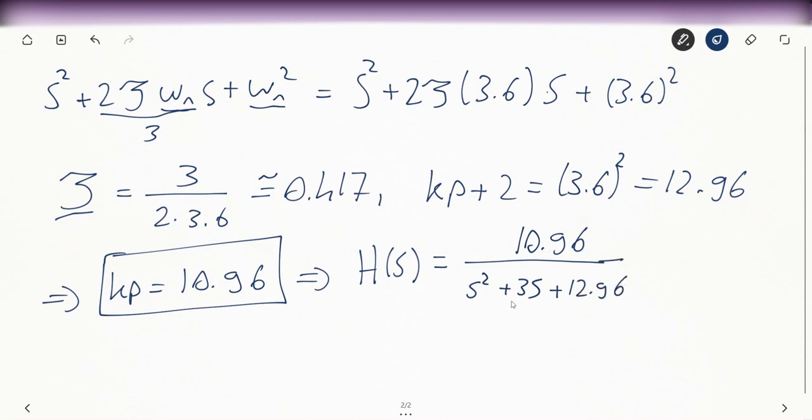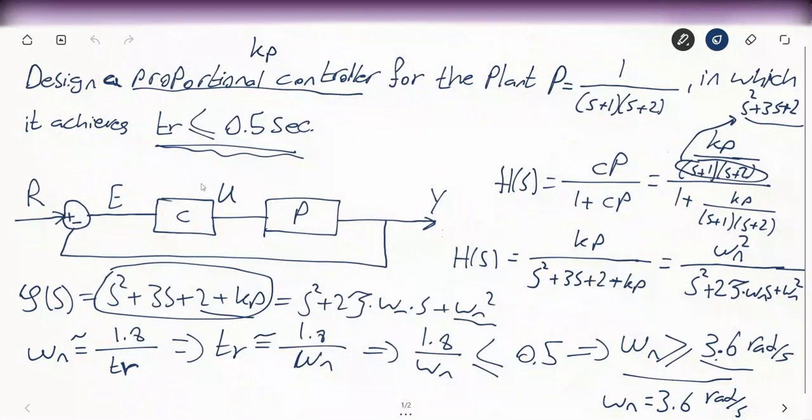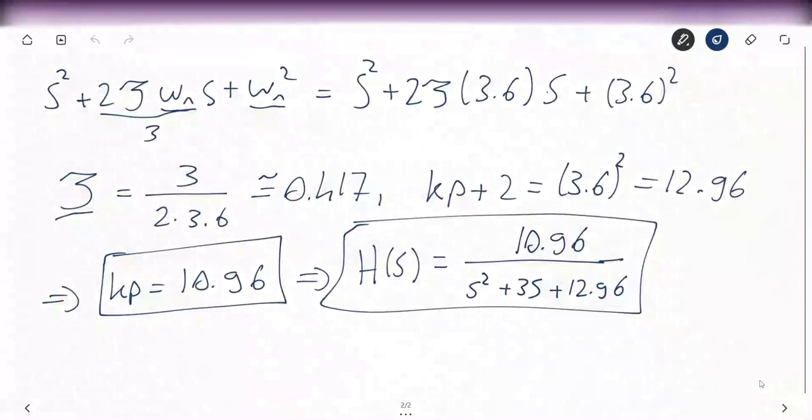We may also go back to the block diagram, and actually we'll be doing this in Simulink in the next video. This proportional controller will simply be replaced by 10.96. Thank you for listening to this video. In the next video we are going to simulate what we have done, and check if this is actually working.